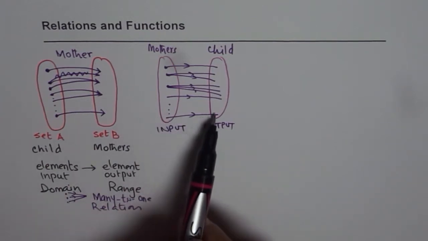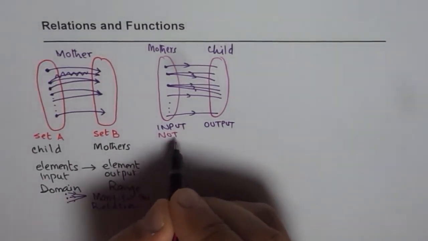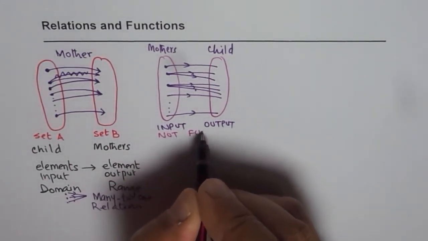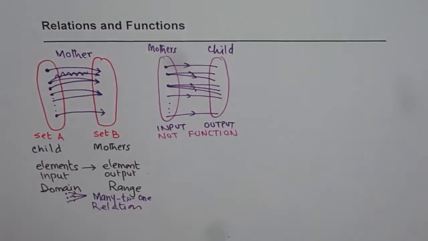We say that relation is not a function. But on the other hand, my mother, you know exactly about whom I'm talking. So that is a function. So both are relations, but one is a function, the other one is not.